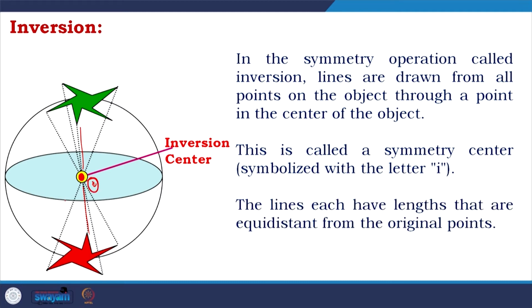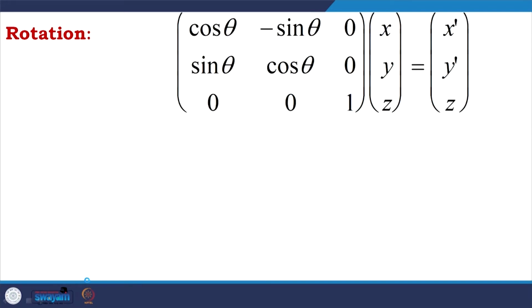The lines each have lengths that are equidistant from the original point. So, each of the points here from this point would be equidistant from the two objects which we get from the inversion operation.